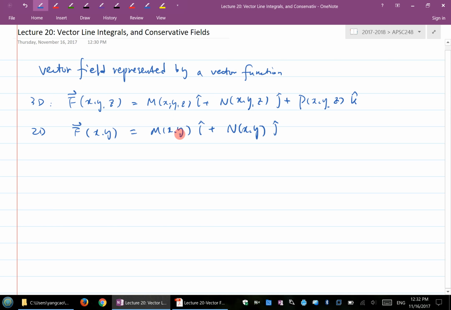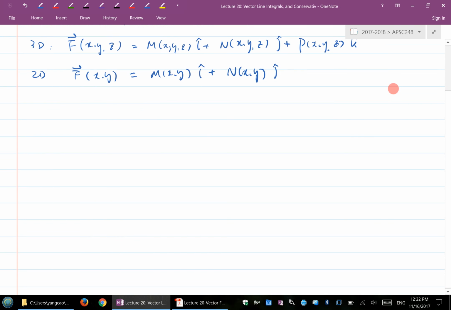Then you essentially get a field of vectors, the so-called vector field. From now until the end, you do everything within a vector field. The first type of question we started in previous lectures is the vector line integral.